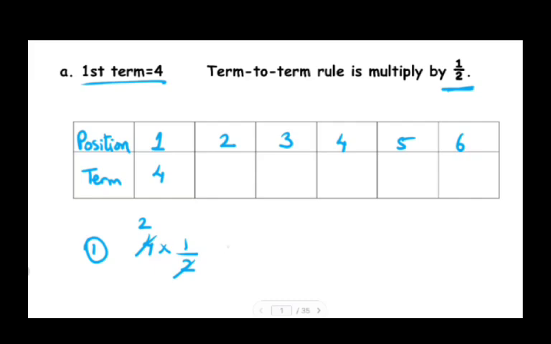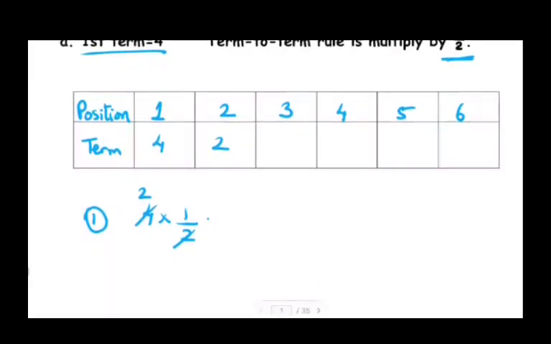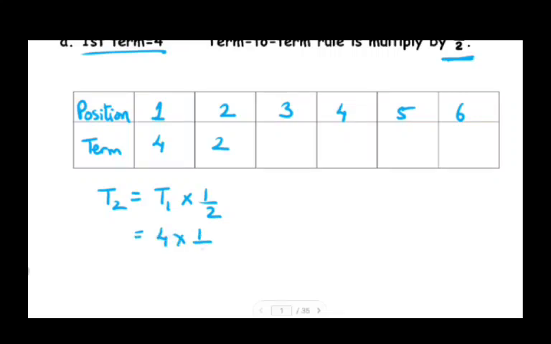Alright, your working can either be done like that, or you could write T2, which means term 2, is equal to T1 into half, which is equal to 4 into half, which is equal to 2. T2, my term 2, is 2.